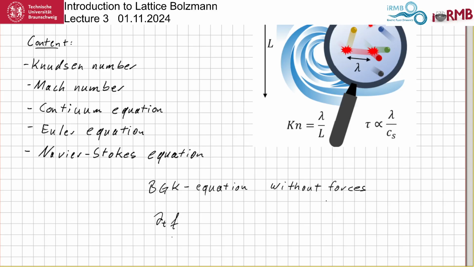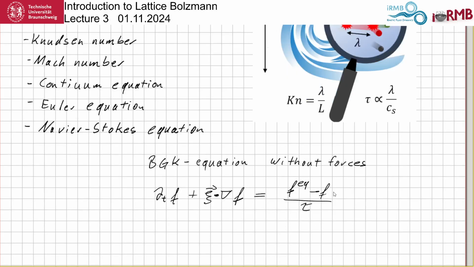Basically, the left-hand side of the Boltzmann equation, dt of f, so time derivative of the distribution function, then the microscopic velocity times nabla, so this is the advection term of f, and as a collision operator, we have the BGK type, which is f equilibrium minus f, and all of this divided by tau. So this is the BGK equation.